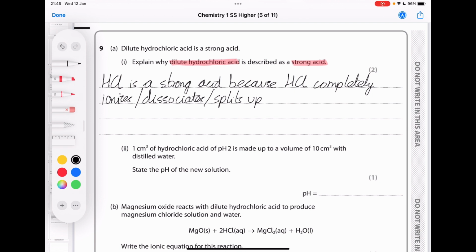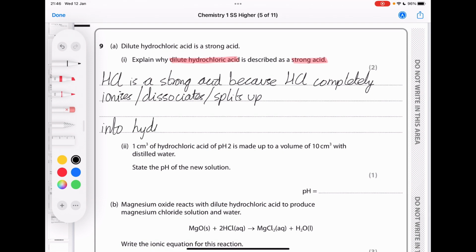And the second part, for the second mark, is to say what this splits up into. So this ionizes or dissociates or splits up into hydrogen or H plus ions and chloride or Cl minus ions.